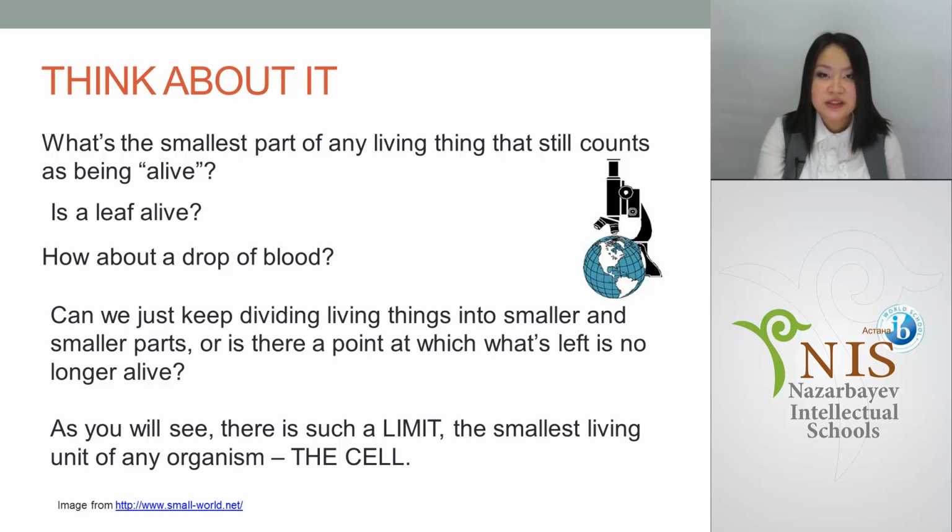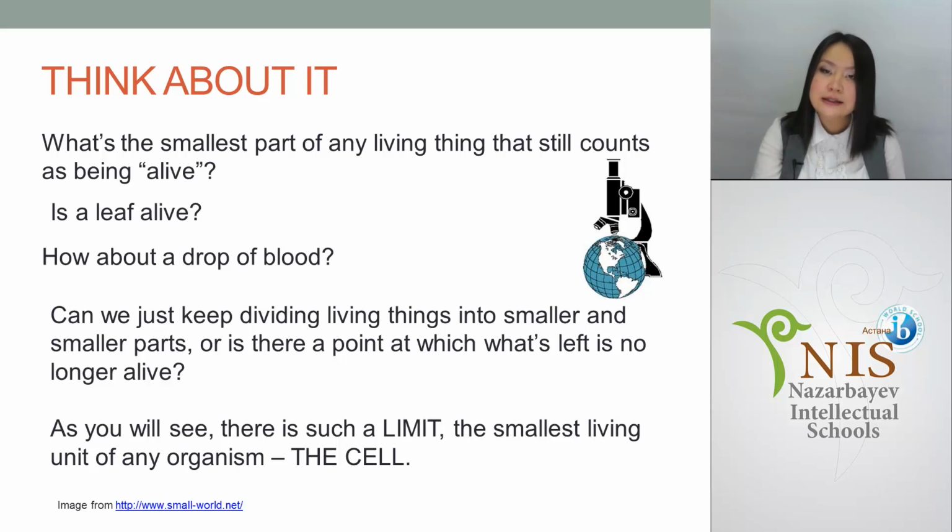Can we just keep dividing living things into smaller and smaller parts, or is there a point at which what's left is no longer alive? As you will see, there is a limit. The smallest living unit of any organism is the cell.